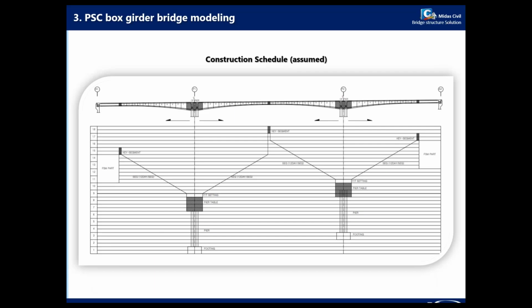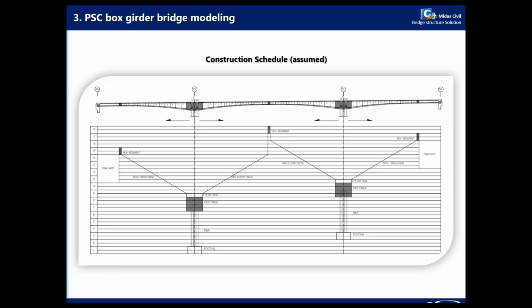So the other point, it's about the construction schedule. So before every construction, we need to make the schedule. So this graph shows the construction schedule we are going to use when we are going to analyze and design our bridge using the FCM method.